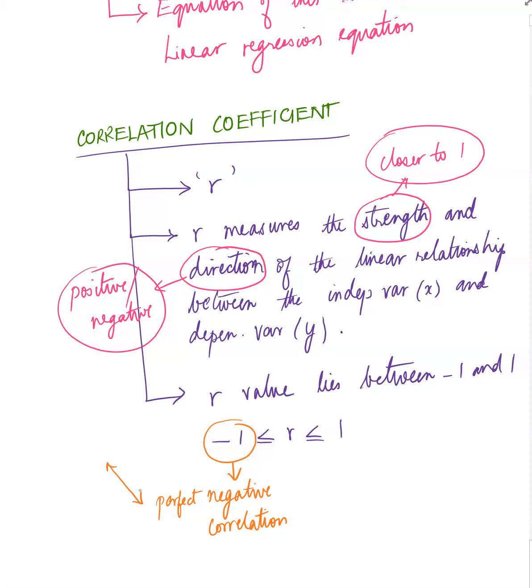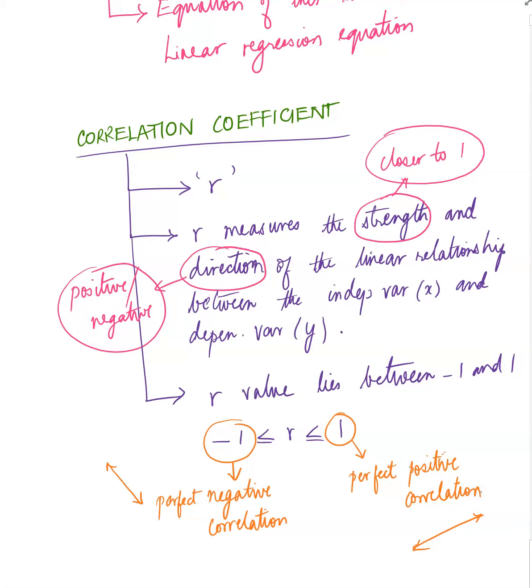Negative slope means a decreasing line, so the scatter plot will line up as a decreasing line. And if R is equal to 1, we call it perfect positive correlation, and the points will line up perfectly to form an increasing line. So perfect negative correlation is negative 1 with a decreasing line, and perfect positive correlation is positive 1 with an increasing line.